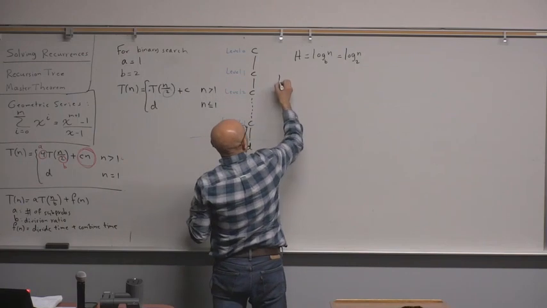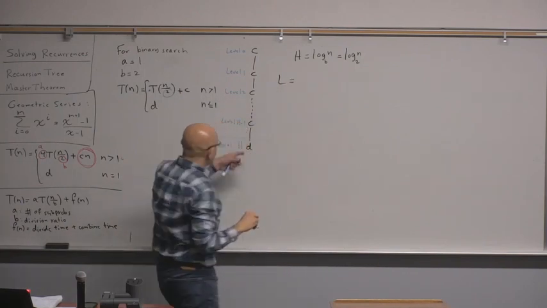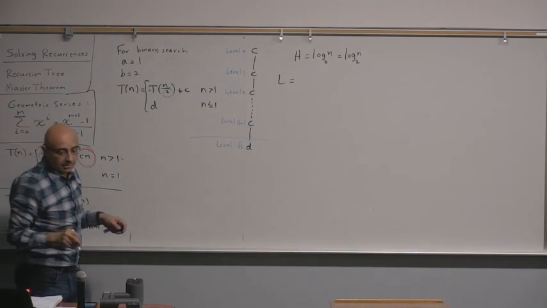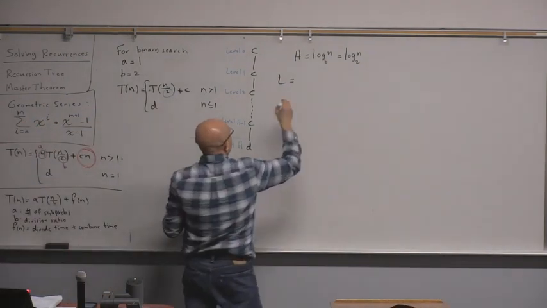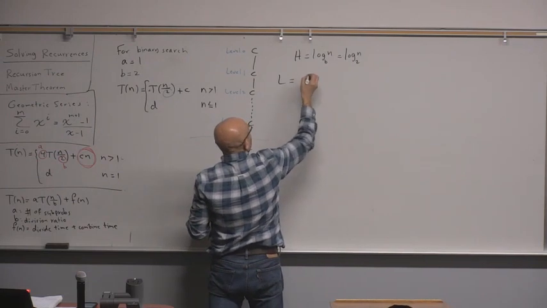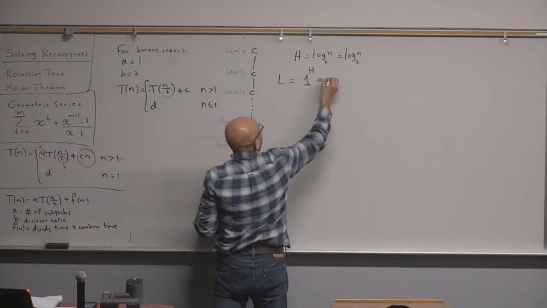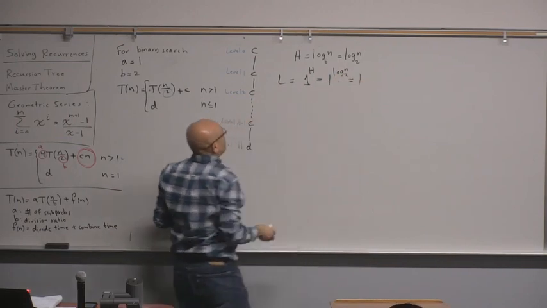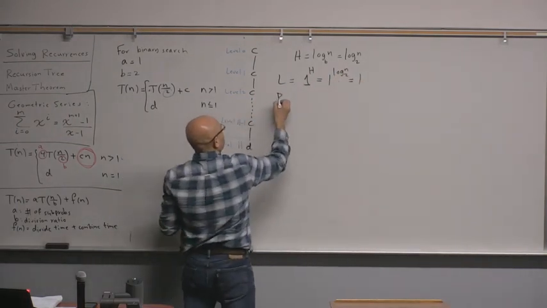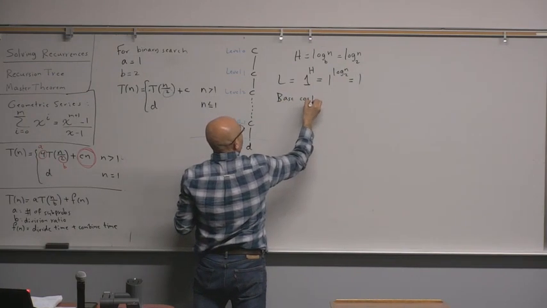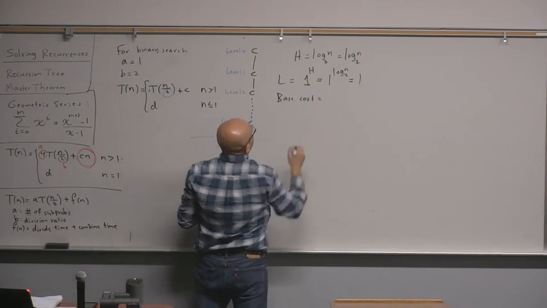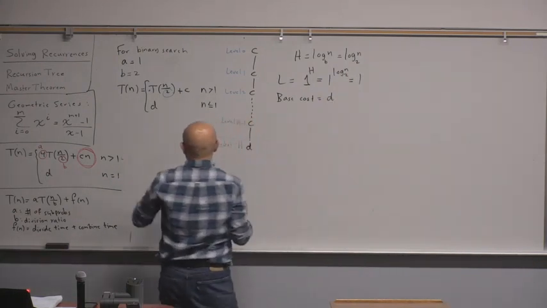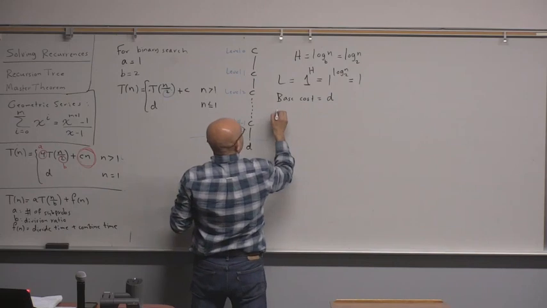Now, what's the number of leaves? Of course, it's obvious: the number of leaves is 1. But if we apply the formula, it's going to be 1 power h, or 1 power log n base 2, which is 1. So we have 1 leaf. So the base cost equals d, and then the internal cost.